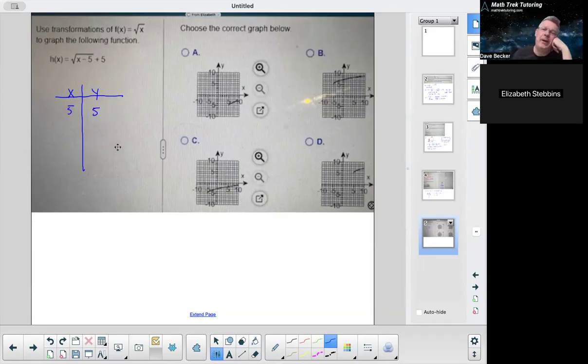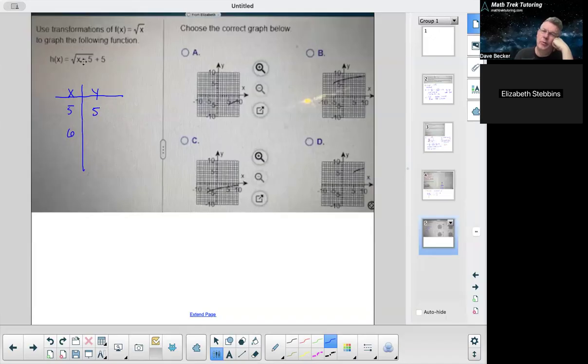Then since you have a calculator, you don't have to worry about having a perfect square under there, right? But 6 is going to give you a perfect square, because 6 minus 5 is 1, right? So if you plug in 6, what do you get? Is it 6?